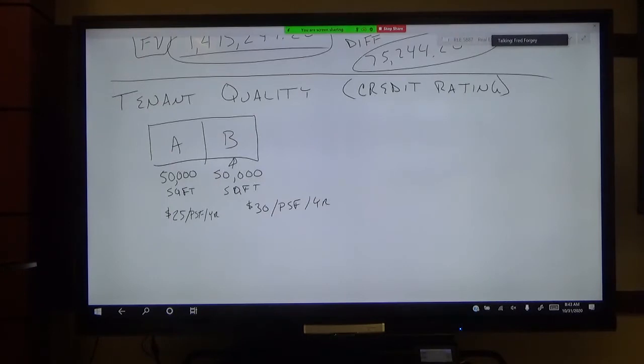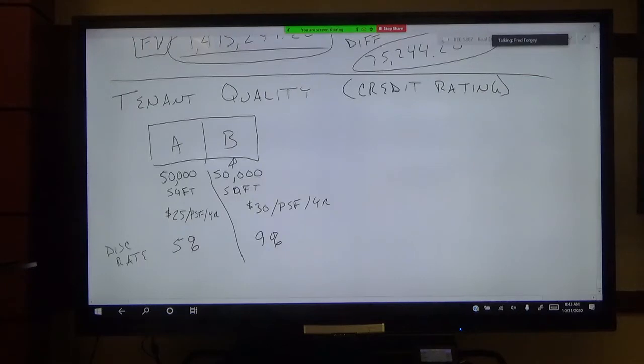Well, you might say that for tenant A, they have a relatively low risk, so we're going to use a discount rate of 5% for tenant A, but for tenant B, because we deem them to be a substantially higher risk, maybe we use a 9% discount rate.